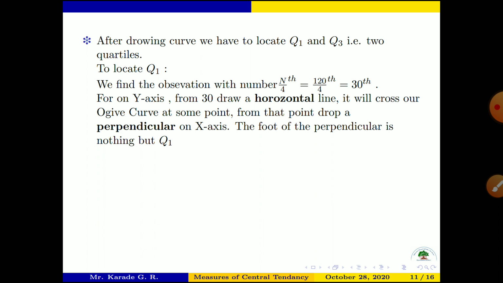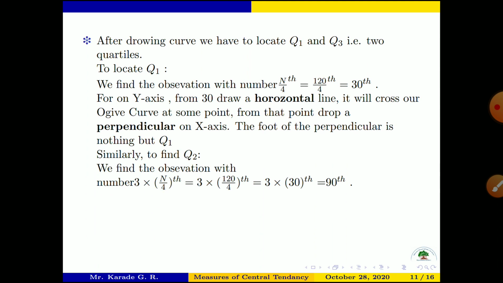Now similarly we can find Q3. I want to find Q3, not Q2. For Q3, we find the observation with number 3n by 4, which means finally we have to find the 90th observation.